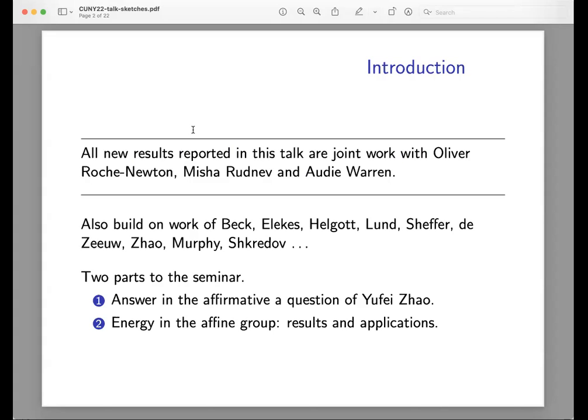Our work builds on very well-known and sometimes relatively old work of many people: Beck, Elekes, Helfgott, Lund, Schaeffer, and Dvir, Zhao, Murphy, Shkredov. Our work really builds on interpreting the work of these previous researchers, and probably even more people.